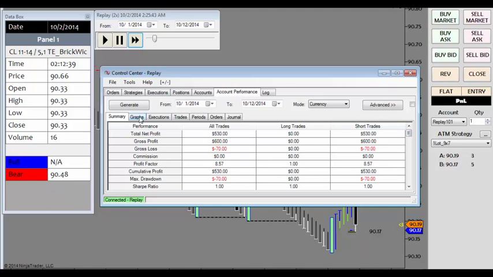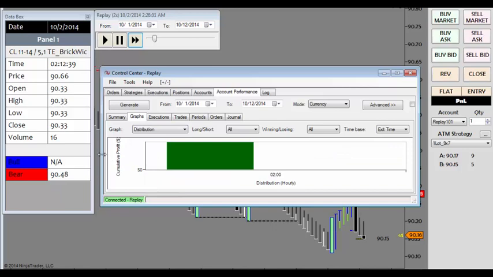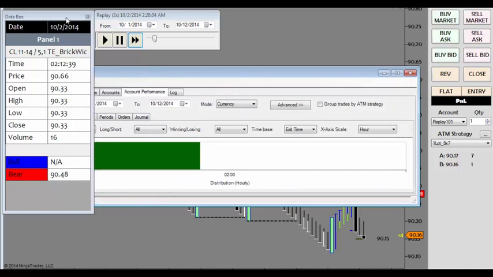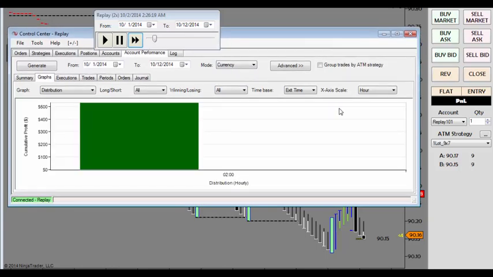Okay, we can go further. We can look at graphs, hit the drop down right here, and then you can come in and analyze. So when you run your replay mode for a period of time, come over here. Let's move the data box out. And for example, if you run the replay for 1 or 2 or 3 days in a row, come back over here and now take a look at distribution in your drop down in the graphs.